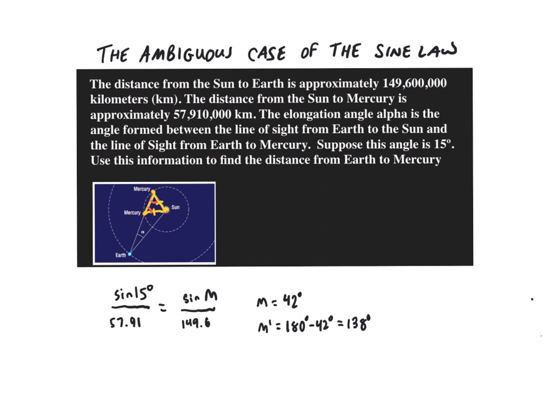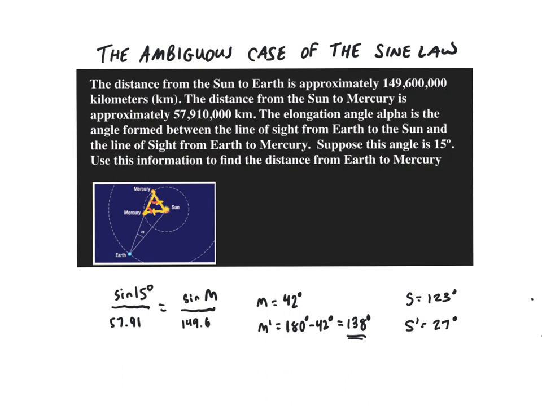So what I know is my triangle might have a 15-degree angle and a 42-degree angle, which would leave 180 minus 15 minus 42, which is 123 degrees for the angle at the Sun. Or my triangle might have a 15-degree angle and a 138-degree angle, which would leave 180 minus 15 minus 138, which would leave 27 degrees for the angle at the Sun.